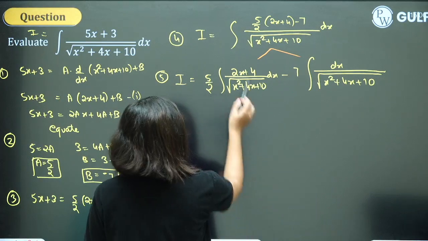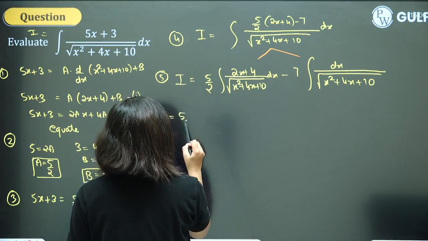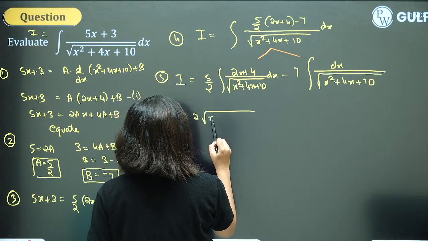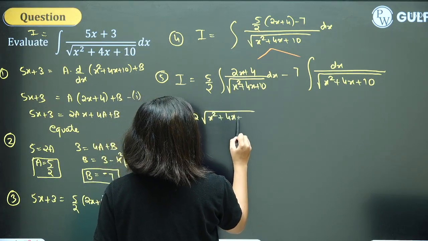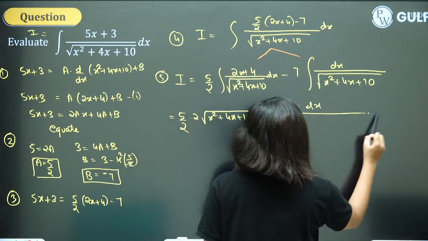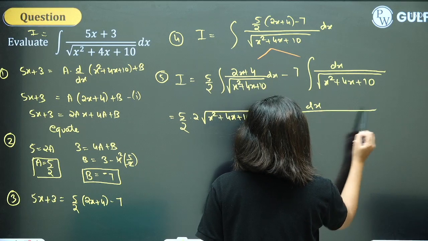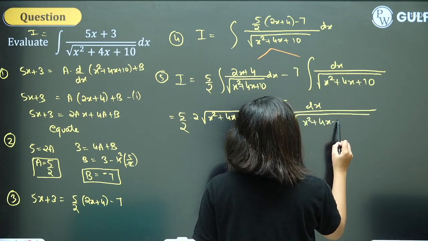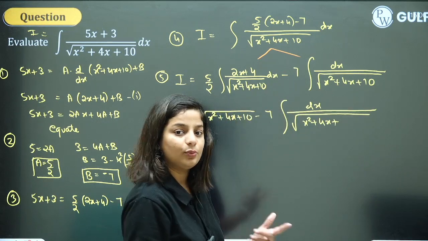Using a formula, 5 by 2 is a constant. f dash of x upon root f of x integrates to 2 root f of x, so 2 times root of x square plus 4x plus 10, minus 7 integral. Let's make it a perfect square. First step, the coefficient of x square should be 1. It's already 1. Add and subtract the third term, half into coefficient, it will be 4.